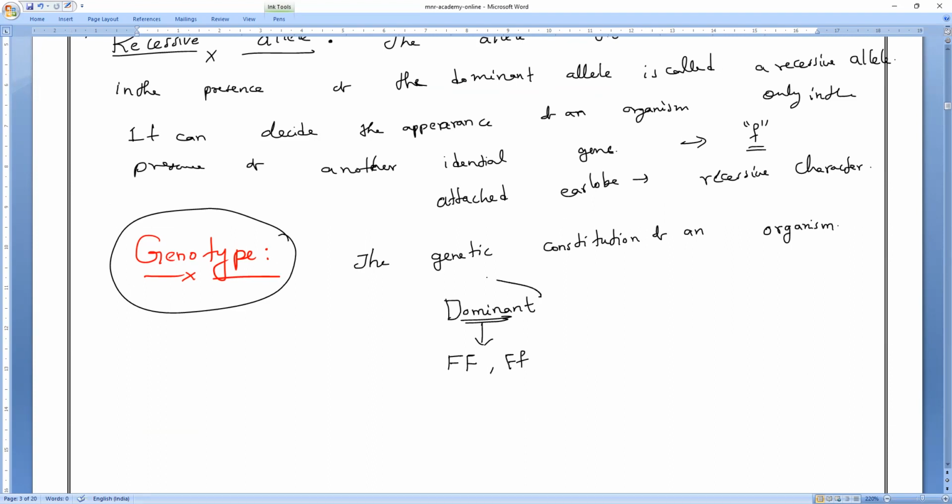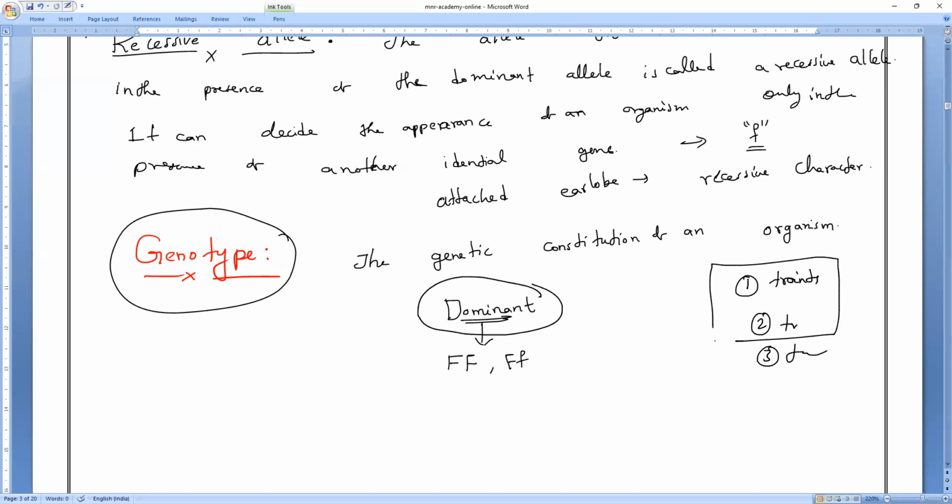If it is dominant, whatever the characteristics, maybe one trait or two or three, it doesn't matter, guys. Only one and two traits are there for 10th class. If it is dominant, both are capital letters or at least one will be a capital letter. Do you understand, all of you? That is called dominant.